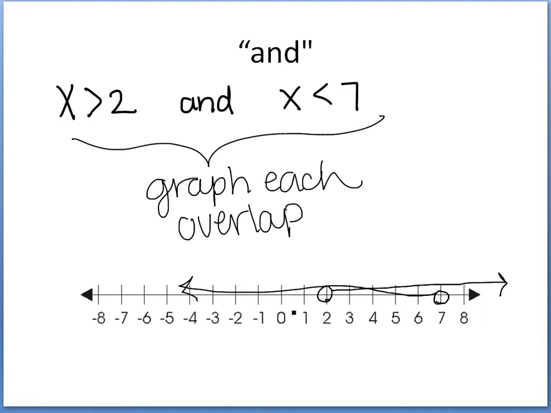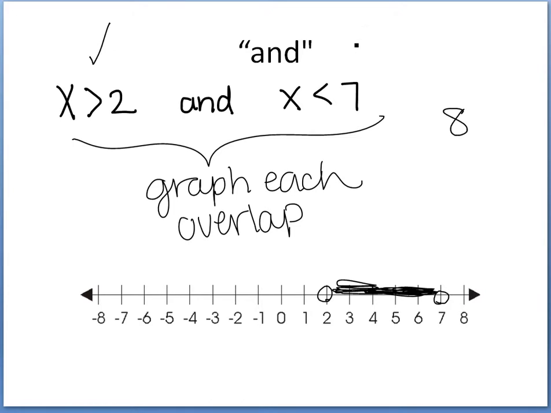So we're looking for both happening, the overlap, and the overlap is right here. So the rest of this portion wouldn't work, because if I were to ask for a number, give me a number that's bigger than 2 and less than 7, and you gave me 8, is that bigger than 2? Yes.